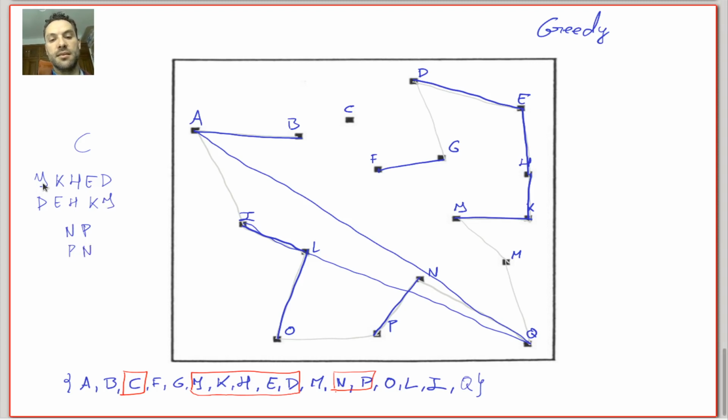That means either J, K, H, E, D or D, E, H, K, J. So now the solution is this way. And we call the greedy reconstructor to reconstruct this solution.